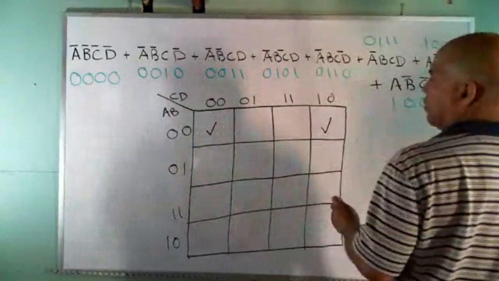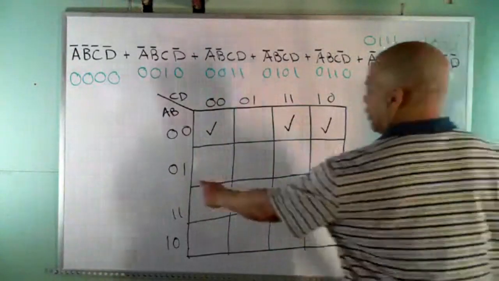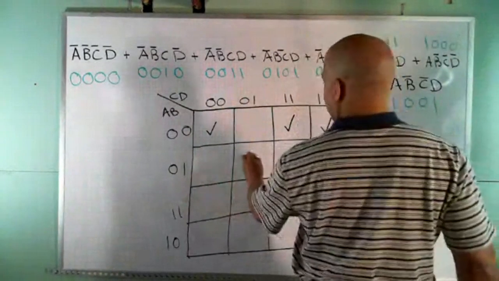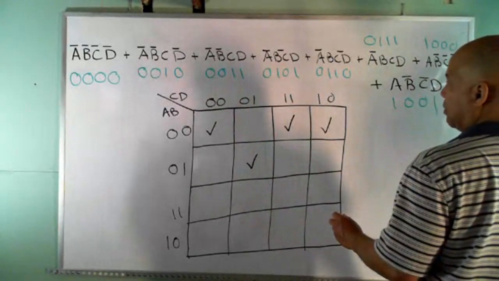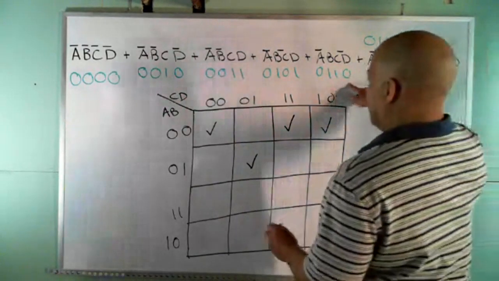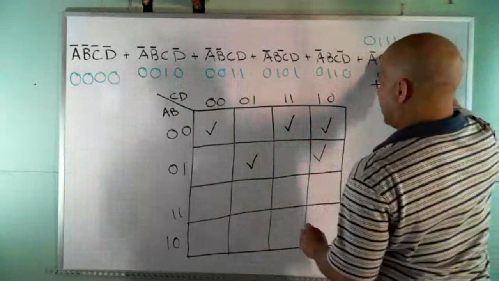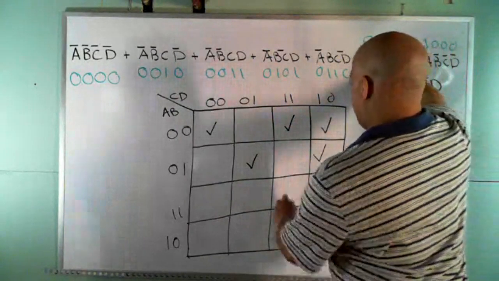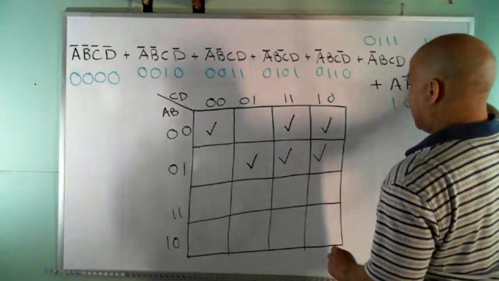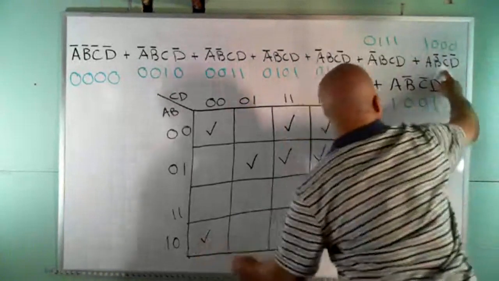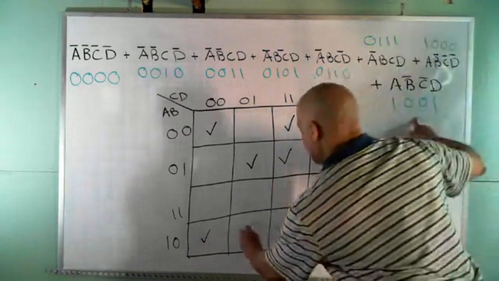We got a one at 0011, which is here. 0101, which is here. 0110 is one there. 0111 is here. We got a one with all zeros, which is down here. We got a 1001.